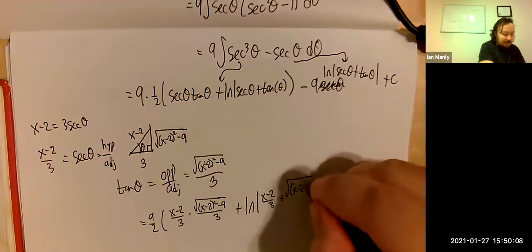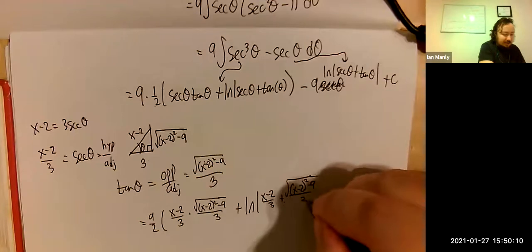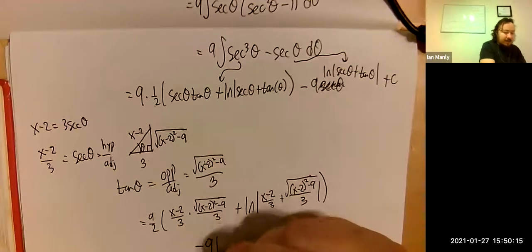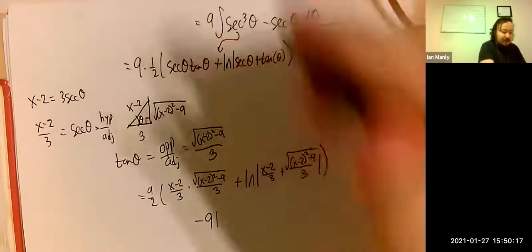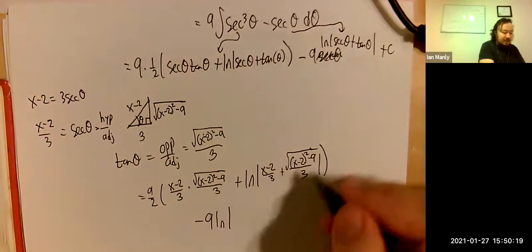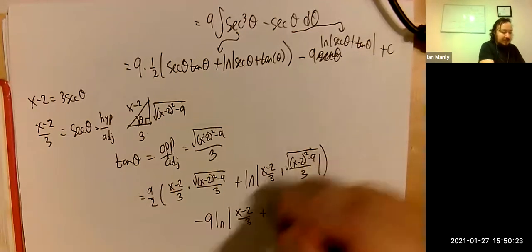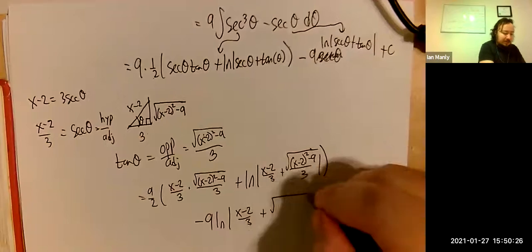Okay, and then we subtract 9, and then we have natural log of absolute value, and that's actually the same thing. We could actually simplify this if we wanted to.